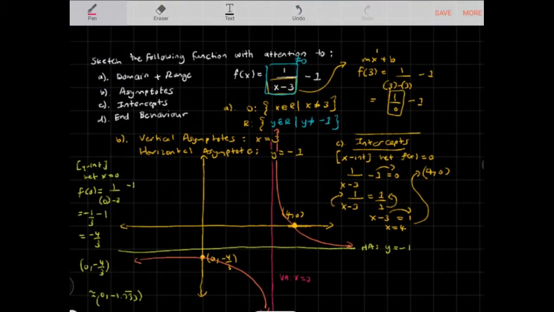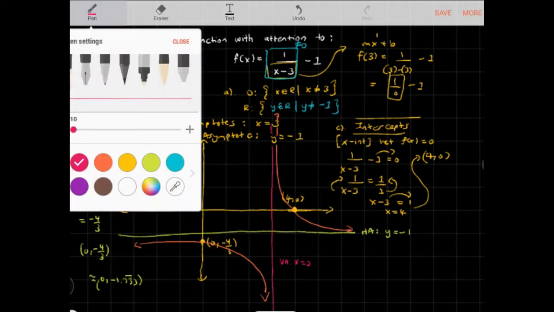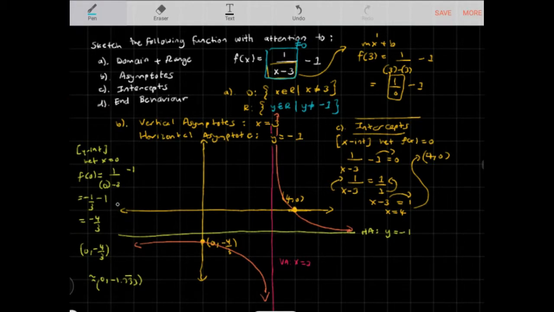So the end behavior is what direction y heads when x approaches either positive or negative infinity, or the asymptotes. Let's say this is negative infinity for x, this is positive infinity for x, this is positive infinity for y, and this is negative infinity for y. Let's say that x approaches negative infinity. If you take calculus, you'll find another way of expressing this, but for the time being we'll just use arrows to represent approaches.